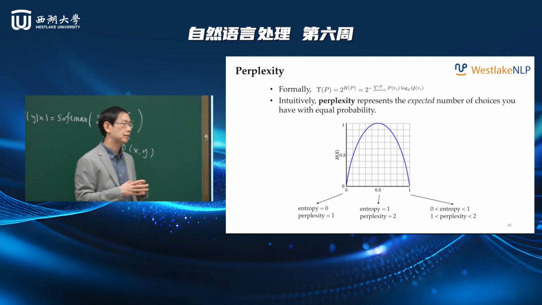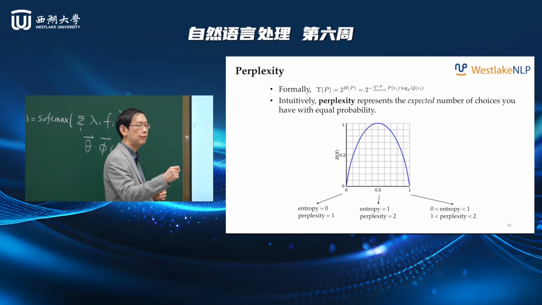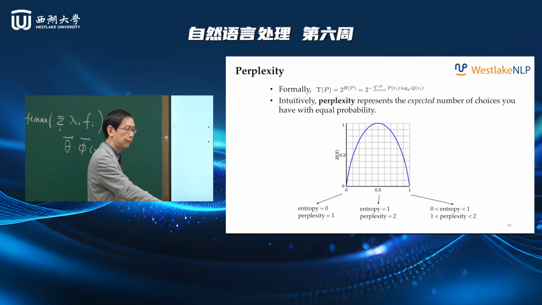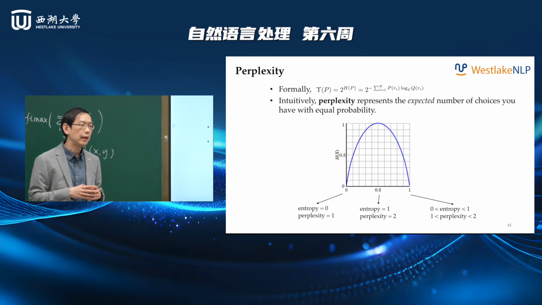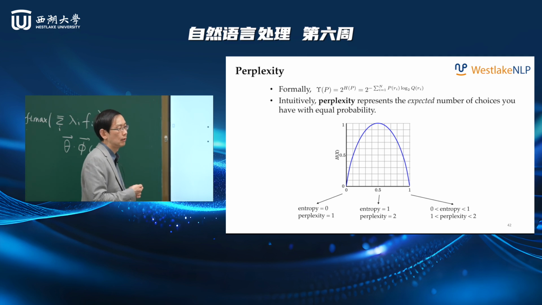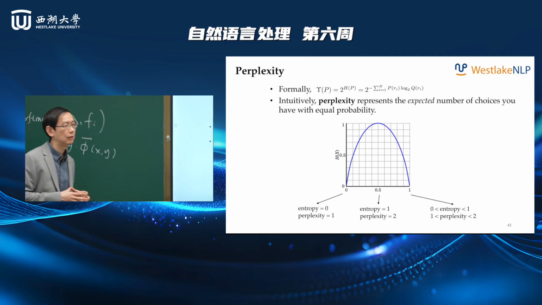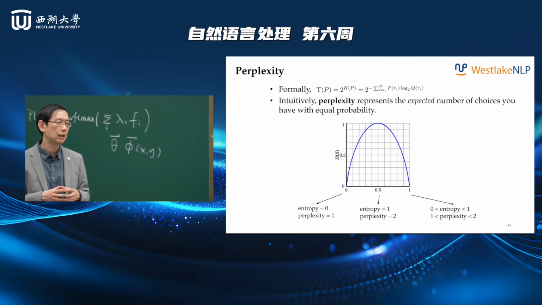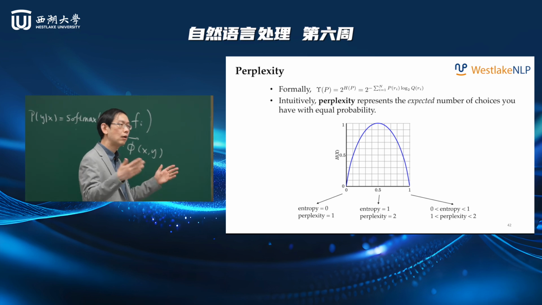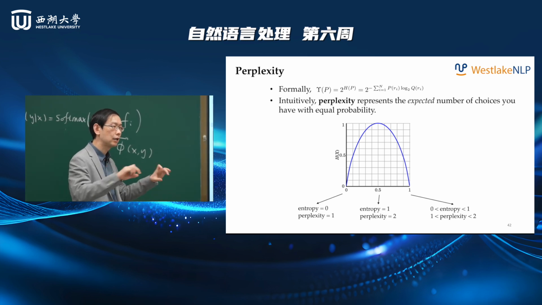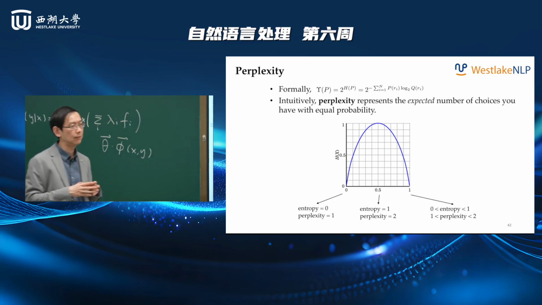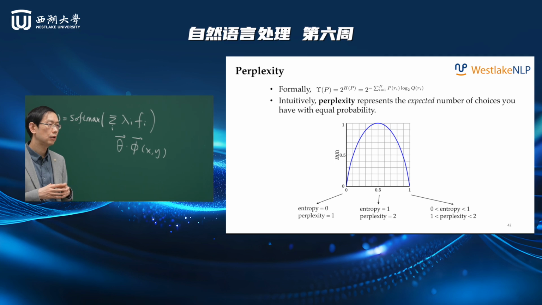In the extreme case, when you know that the coin is very, very unfair, every time it lands facing up, the entropy is 0, and the perplexity is 1. It is to say, the coin has only one side, because you know the result. So why is it called perplexity? Because the more choices you have, which are equally likely, the more perplexed you are about this random event. So it's very intuitively called perplexity.